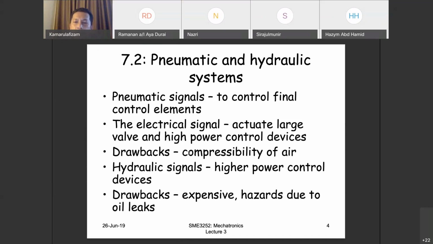Because the pneumatic signal is air, we have to work with compression, and the problem is it's difficult to sustain the pressure at a certain level at all times. When you compress here, it may reach there a bit slower, so there is no accuracy when it comes to compression of air.